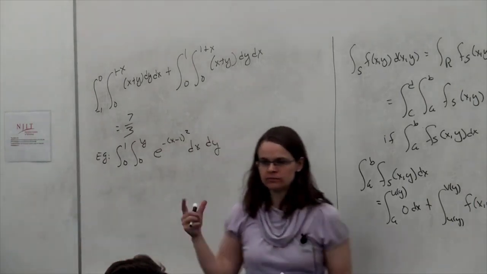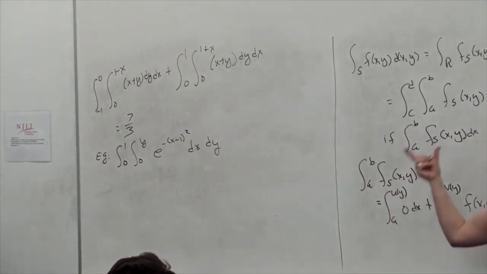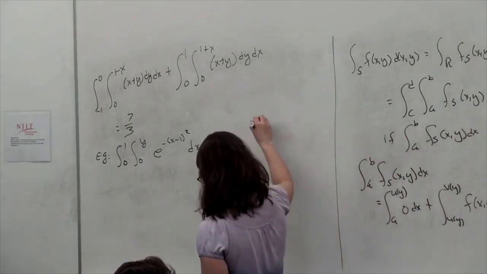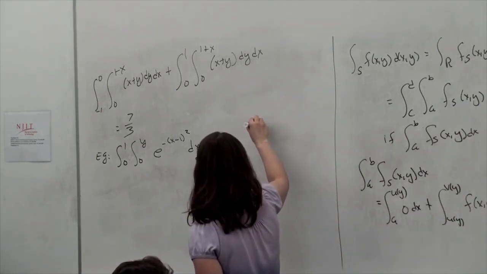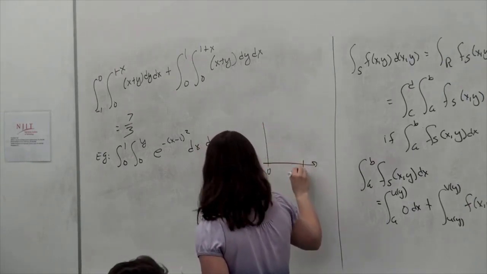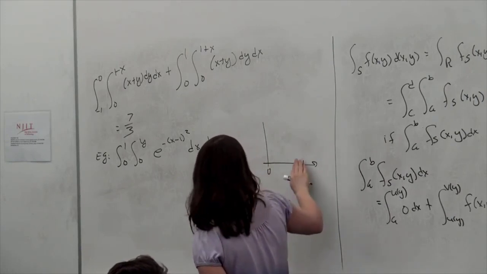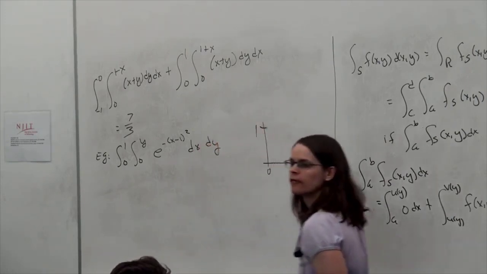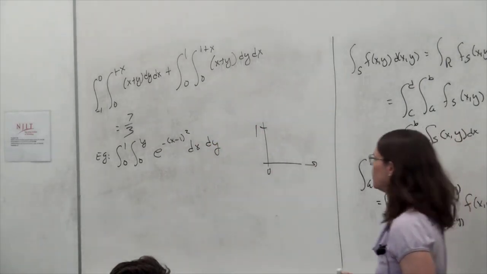Can we write this iterated integral, can we relate it to the integral over a region? Well, if we were going to relate it to the integral over a region, let's see what that would look like. I guess we would have y going from 0 to 1. X is going from 0 to y.